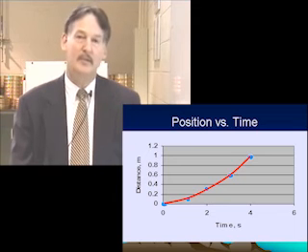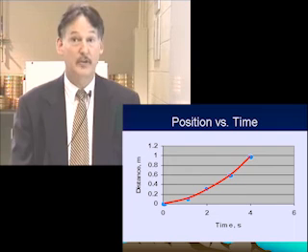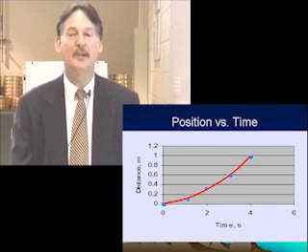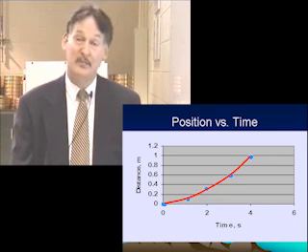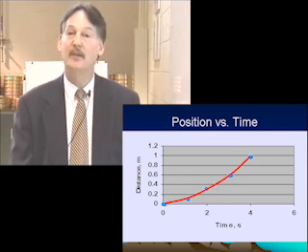Now what do you think the equation would look like for this data set? If the first one was t to the 0 dependence, the second one is t to the first power dependence, you would anticipate that this would be an equation x equals something times t raised to the second power.